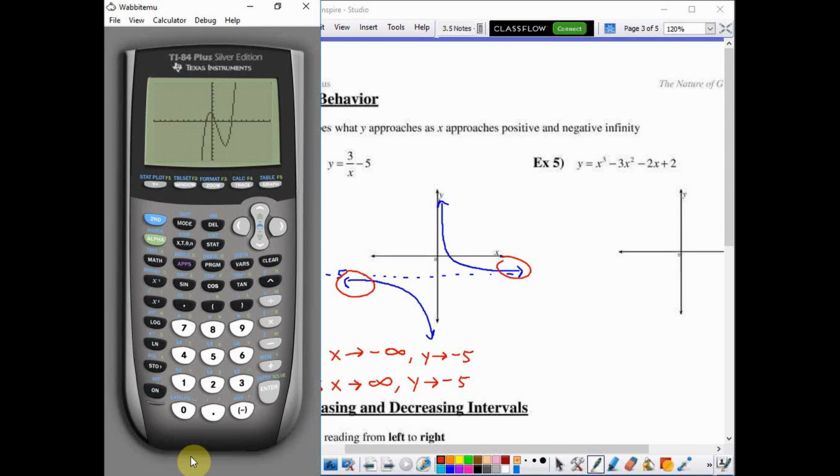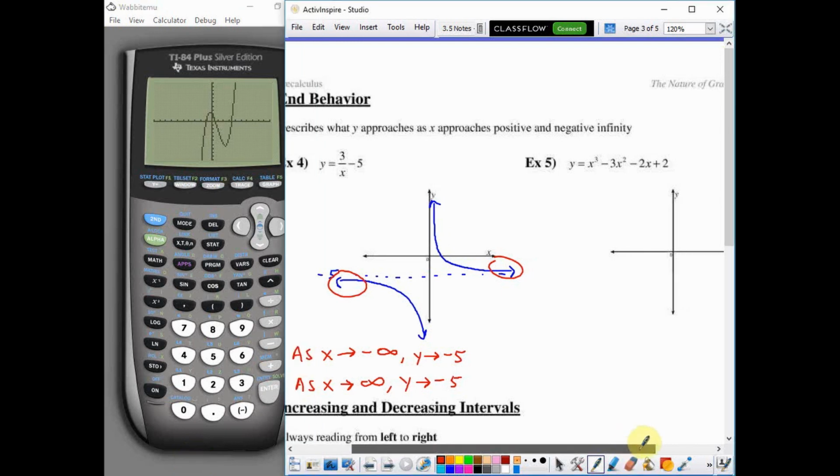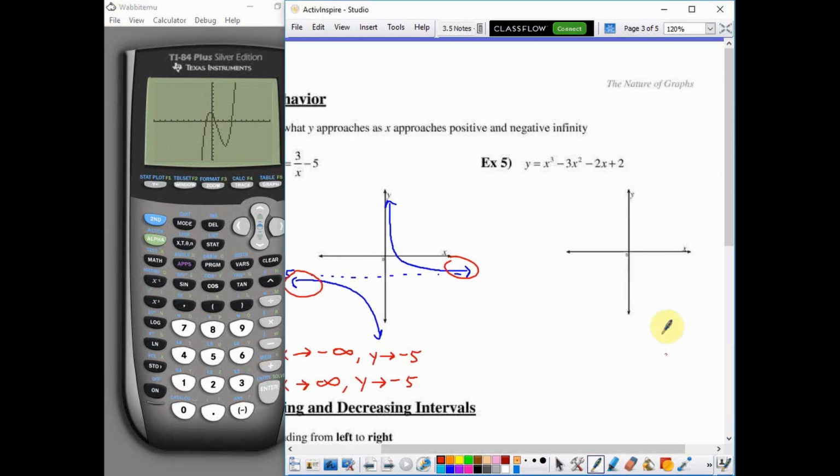Okay, so that's what our graph looks like. And we'll put a quick sketch of it. It's not going to be perfect. It looks approximately like that.